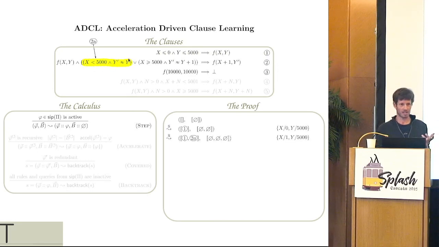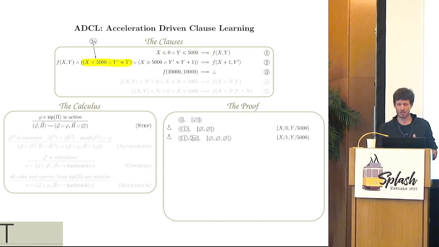And what's important is that we compute these implicants lazily. So I just highlighted implicant 2a here because our implementation wouldn't care about implicant 2b at this point. And that's important because there can be exponentially many of these implicants in practice.